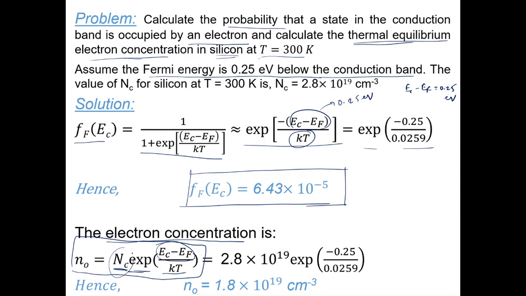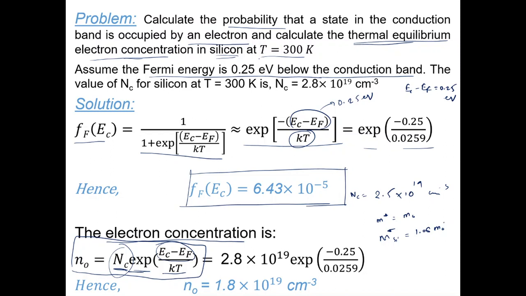The NC value we saw earlier was 2.5 into 10 to the power 19 per centimeter cube, and this was when m star equals m naught. You also remember for silicon we saw that m star for electrons is 1.08 m naught.